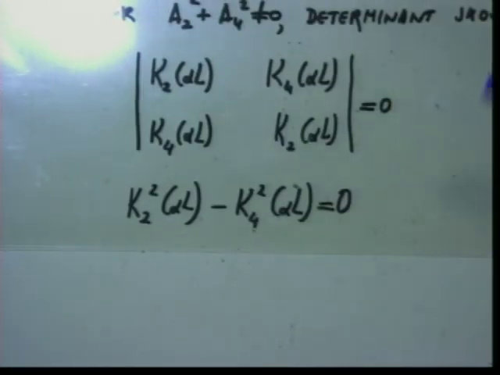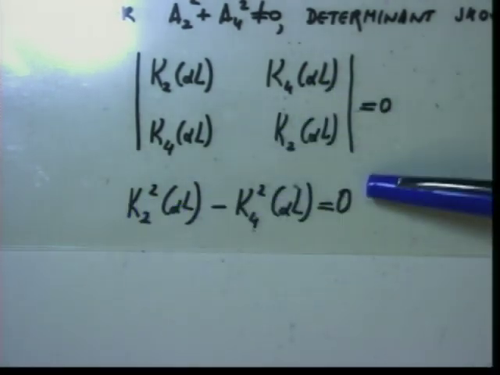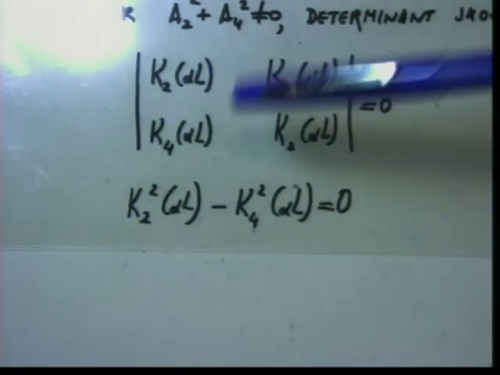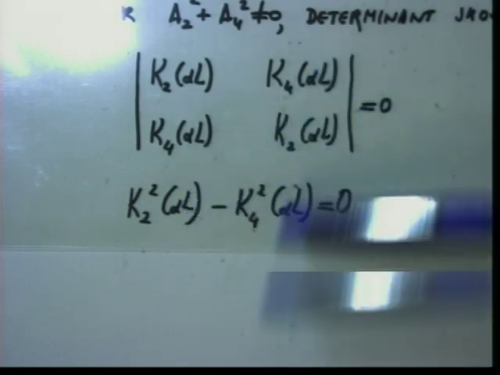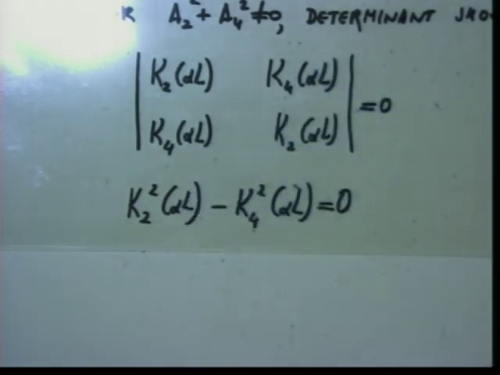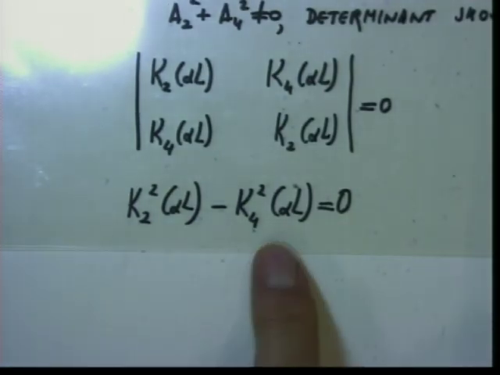So that is this expression that I got: K2 alpha L, K4 alpha L, K4 alpha L, K2 alpha L. And I got this expression: K2 times this minus this times this, K2 squared minus K4 squared. So all of these we had. Then I substituted here K2 and K4.